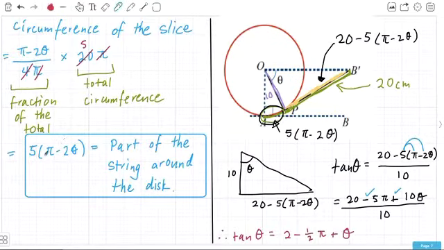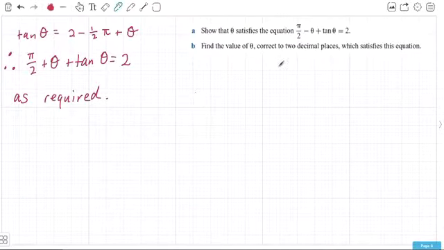So we know the part of the string around the disc. We now know that this part of the triangle here is 20 centimetres. Take away the part we found that's now stuck against the disc, which is 5 pi minus 2 pi in brackets, minus 2 theta in brackets. And then we just took this triangle and just dealt with that on its own. And that was just tan theta. That's all trig. Opposite over adjacent. Bit of rearranging. So it gets you where you want to be.